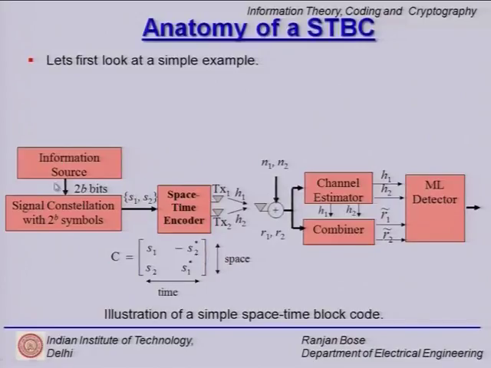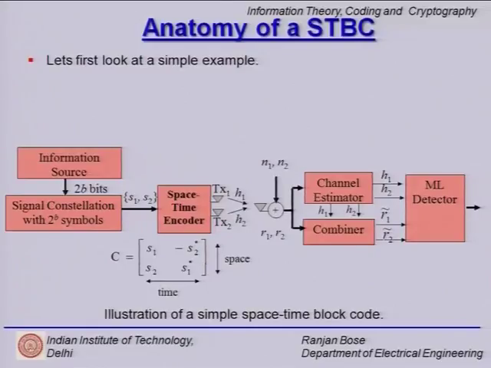Let us start from the first block, the information source. And this source is generating enough bits, and what we do is we take 2 bits at a time, and in general we can start with B bits at a time. So, if you club it into 2B bits, then we can look at a signal constellation with 2^B symbols.